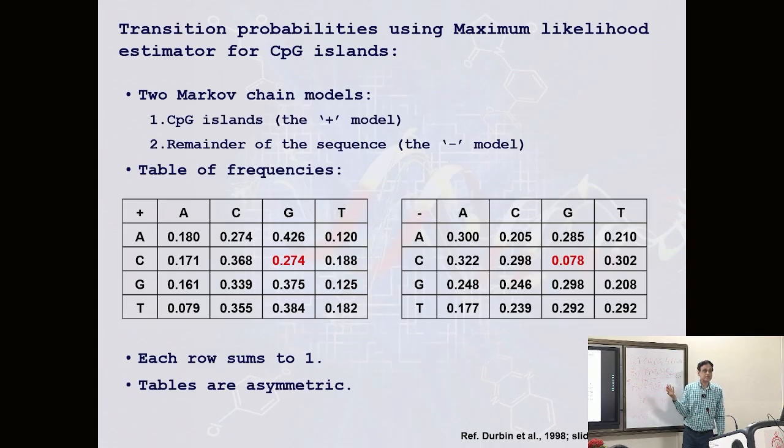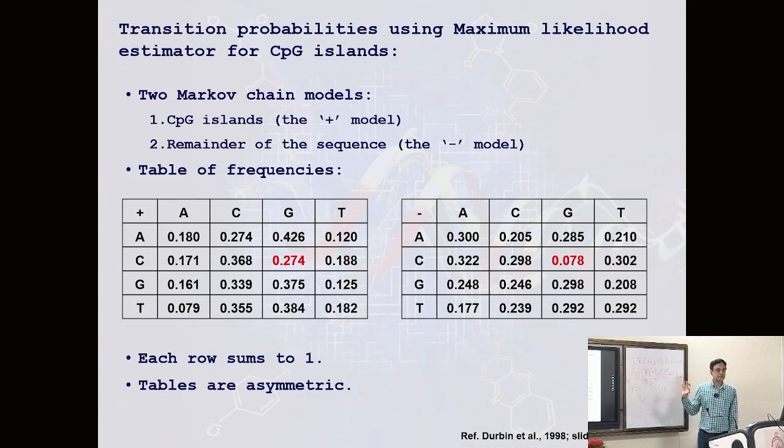Log 1 is what? 0. So greater than 0. Which means that if the log likelihood score is greater than 0, then this sequence is predicted to be a CPG sequence.